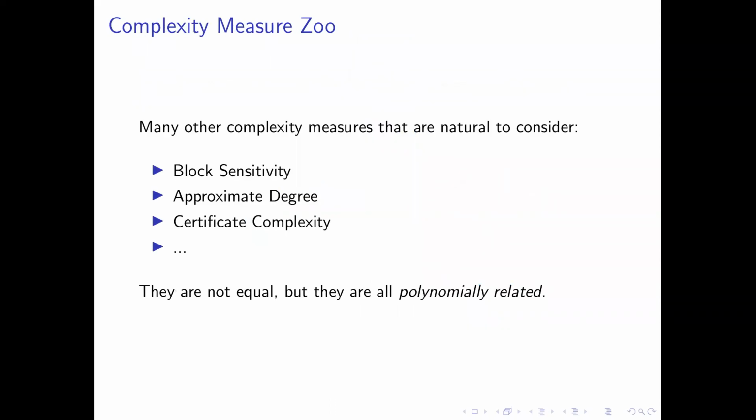Okay, and so there's tons and tons of these different complexity measures that are very natural to consider in other contexts in theoretical CS. I won't go through all these, but the common theme in this area of complexity measures of Boolean functions is that all these different notions of complexity that we come up with for studying Boolean functions seem to be polynomially related.